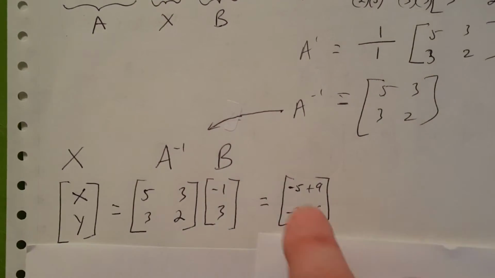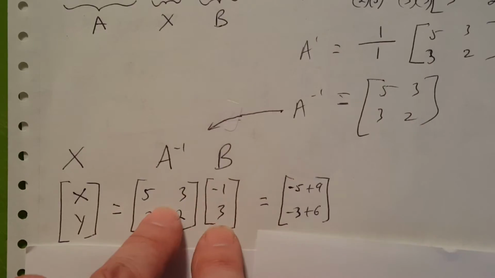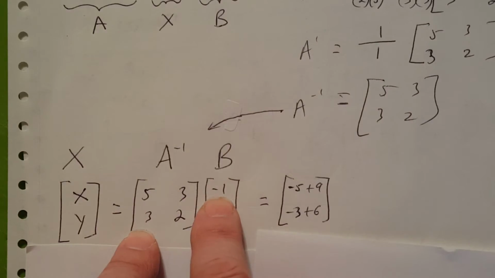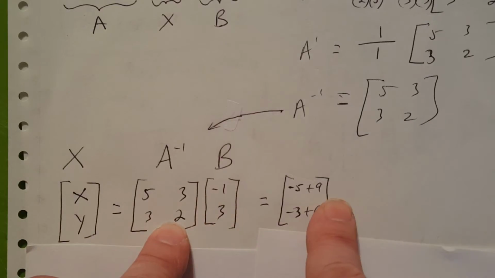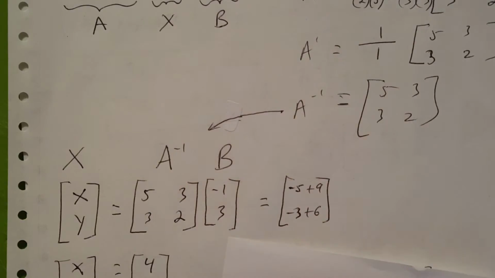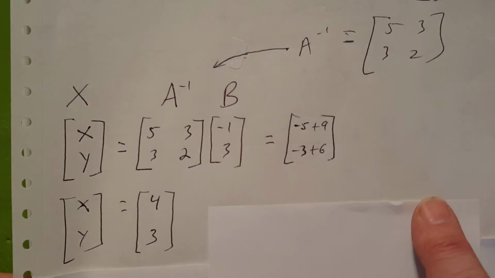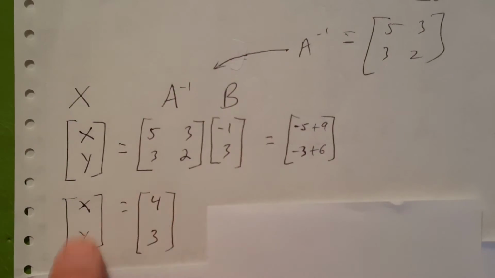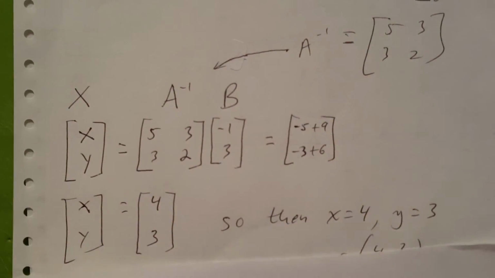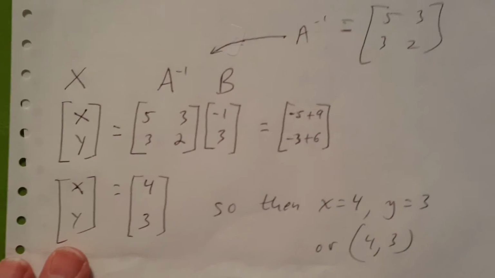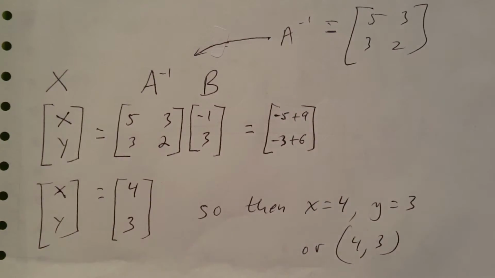That comes out to -5 plus 9, -3 plus 6, and that equals 4, 3. So x equals 4 and y equals 3. I found x and y of the system of equations above by using the inverse.